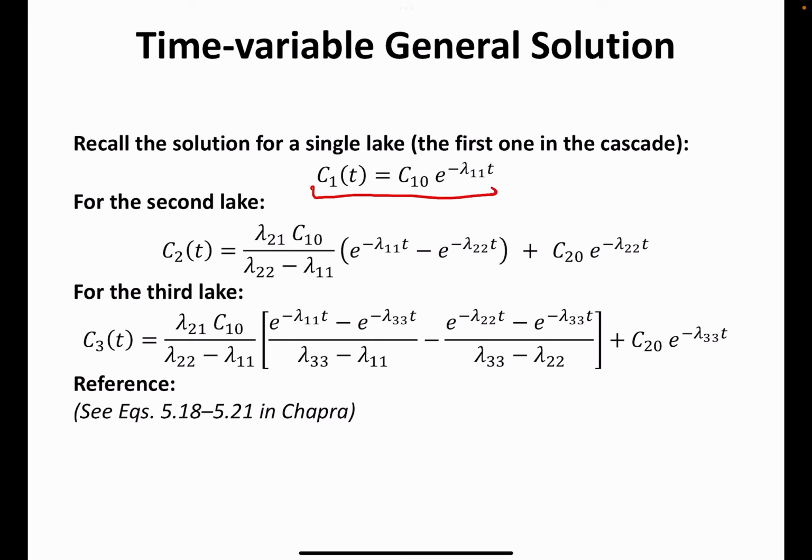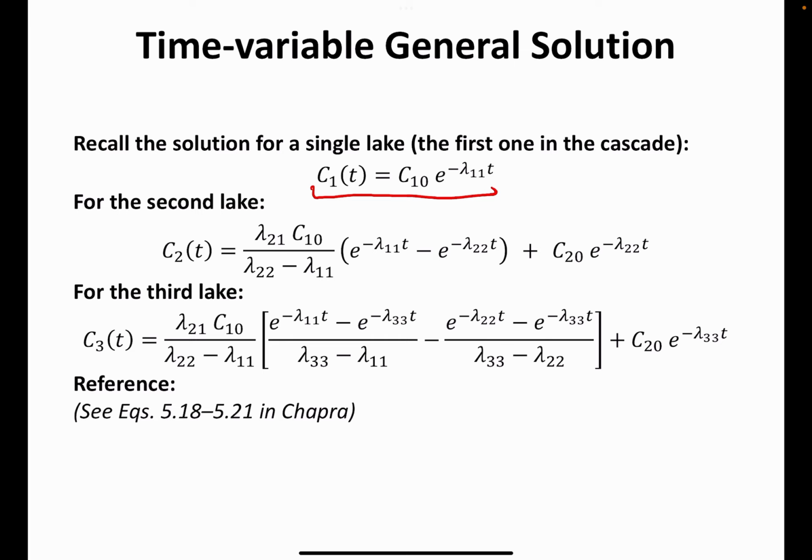This is the solution of dC1 over dt: C1 of lake number 1 is equal to C10, the concentration initially in the lake, e to the power minus lambda 1 t. For the second lake, the effect will be different.